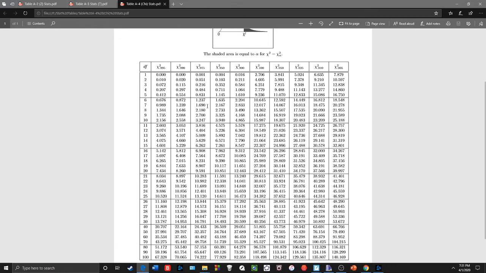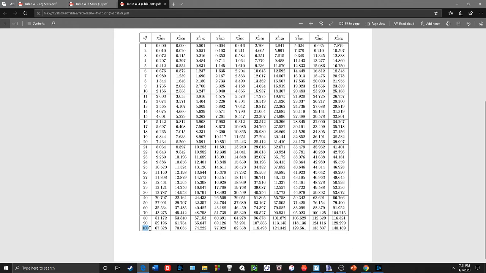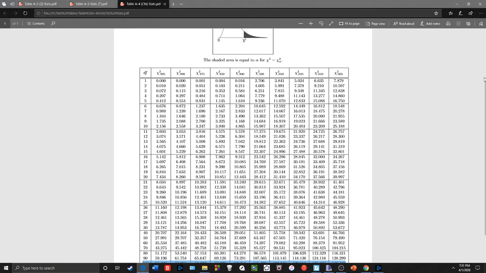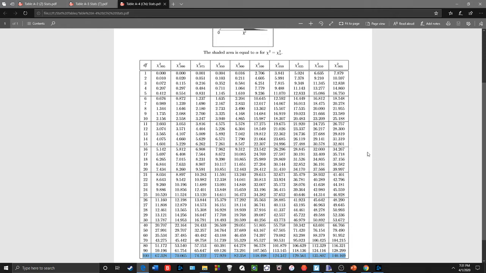So you can see here clearly we don't have 120 on our degrees of freedom, or 119 here. So we use the closest we can, which is 100. So if we don't have 120, we use the one that's closest. In our case, like I said, that ends up being 100. So I have my alphas up here that I got, 0.025 and 0.975. I'm going to look down them and get my two critical values. So 0.975 is 74.222.